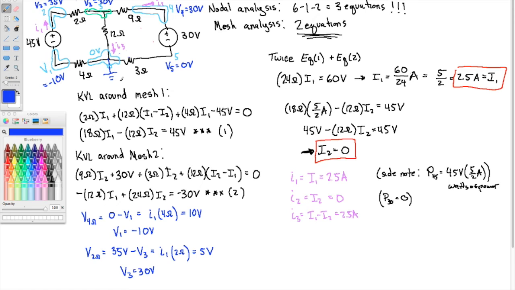All right, let's do another example, slightly more complex, with a dependent source.